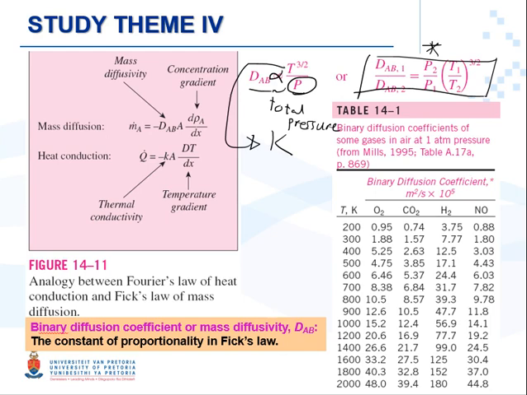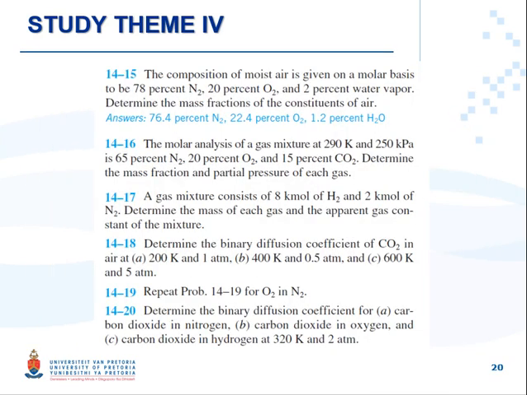This section. Let's solve some very simple examples, or try to answer some questions to see if we really understand the concept of this lecture properly. So we start first with 14.15. It's asking us to answer the question.